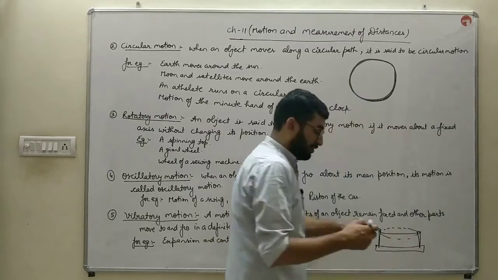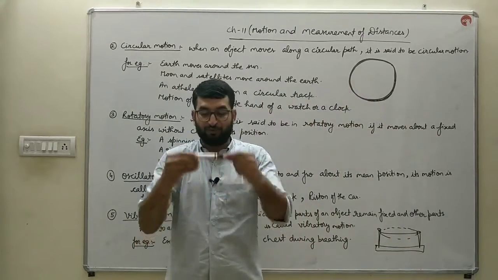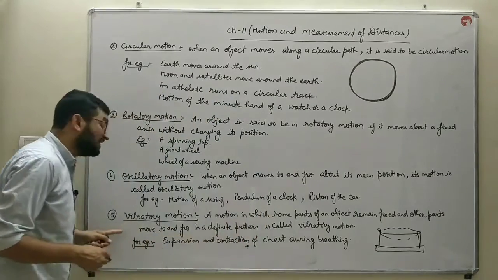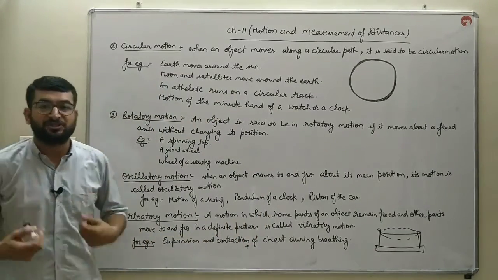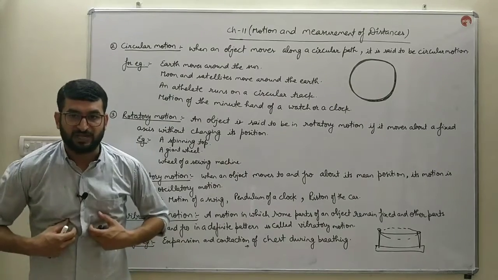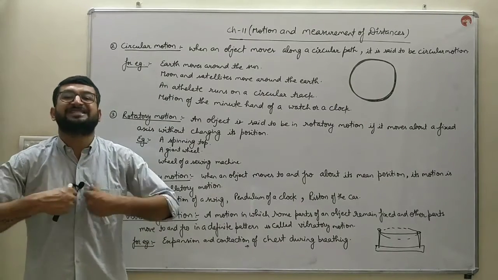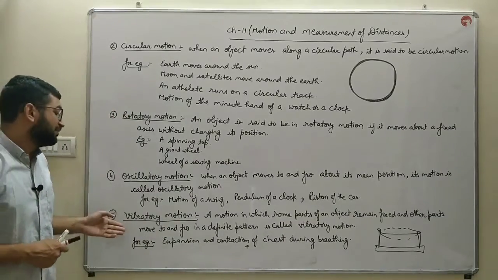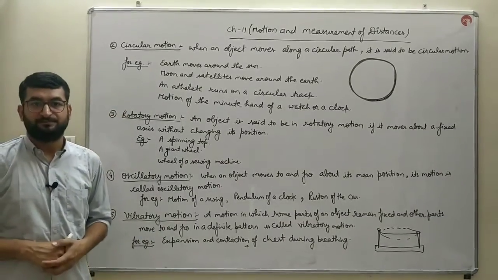As this string moves up and down from the middle, this motion is known as vibratory motion. The expansion and the contraction of the chest cavity during breathing is an example of vibratory motion.